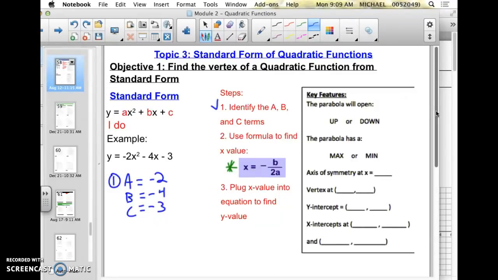If I do step 2, and again this is finding the x value, I'm going to write x equals, and instead of opposite b over 2a, I'll put that formula here. Now, the b is negative 4, so it's going to become positive 4 in my formula over 2 times my a term. Now, a stays the same. If it's negative, it stays negative, so 2 times negative 2.